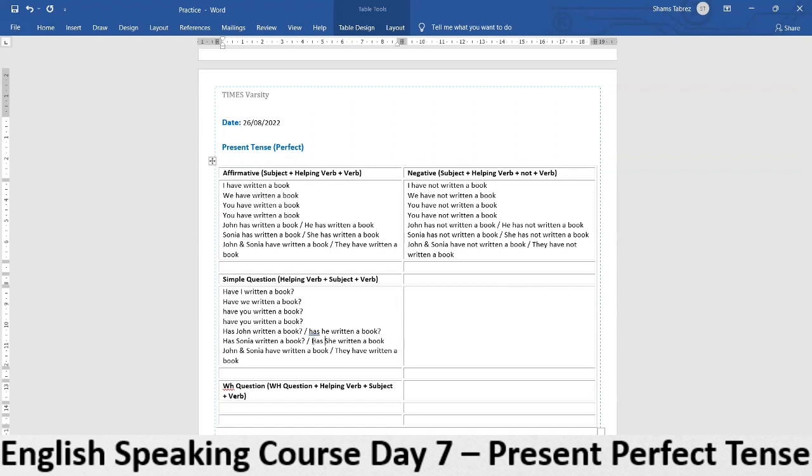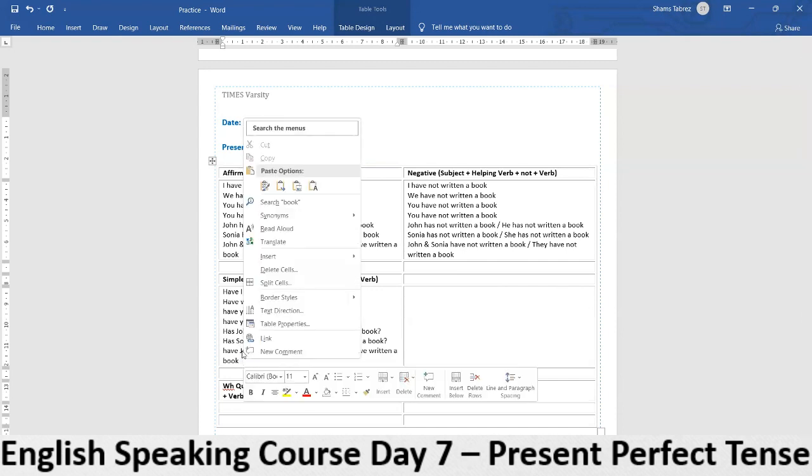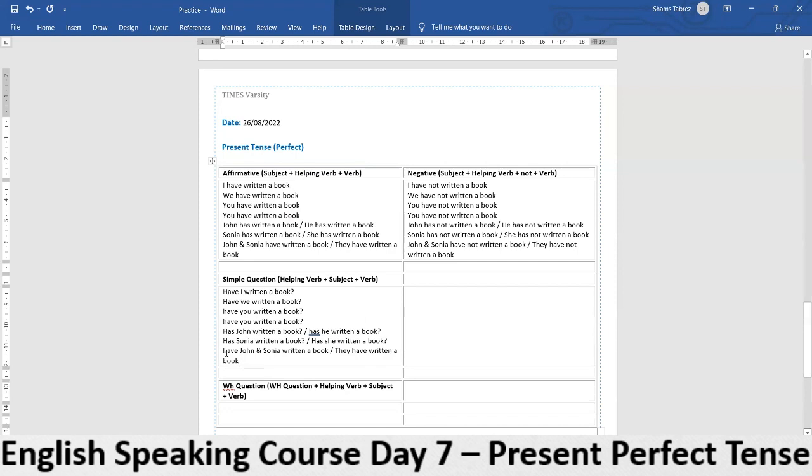Has she written a book? Question mark. And similarly, take this have and here have, and it should be capital. Have John and Sonia written a book? Question mark.